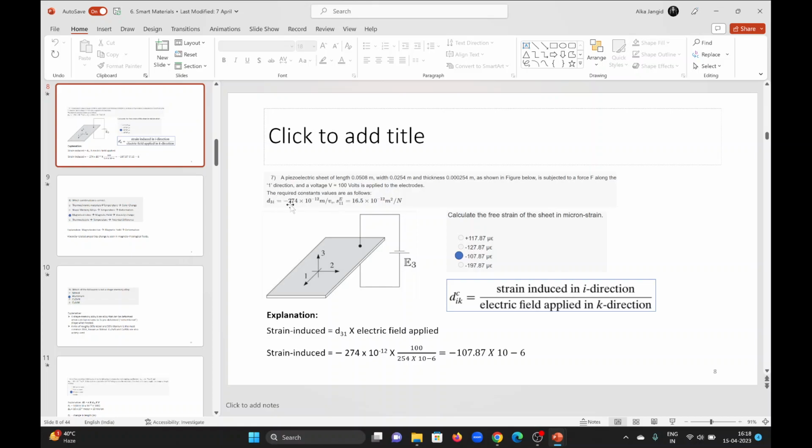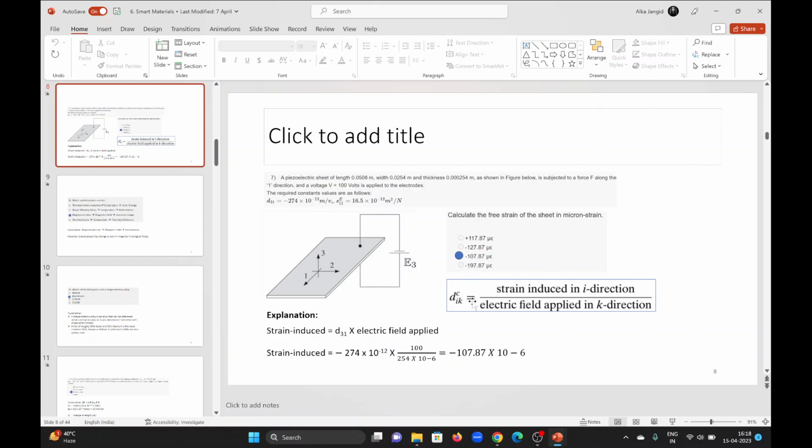So these are the constants that we can use. D31 and S11 are given. Now we have to calculate the free strain of the sheet in microstrain. Microstrain is nothing but a multiplication by 10 to the power minus 6, so we have to remove that part.